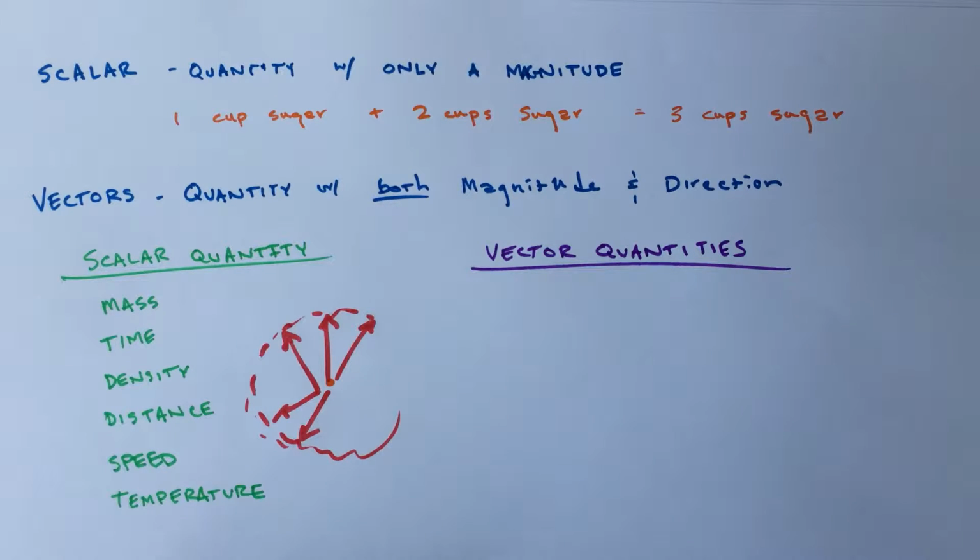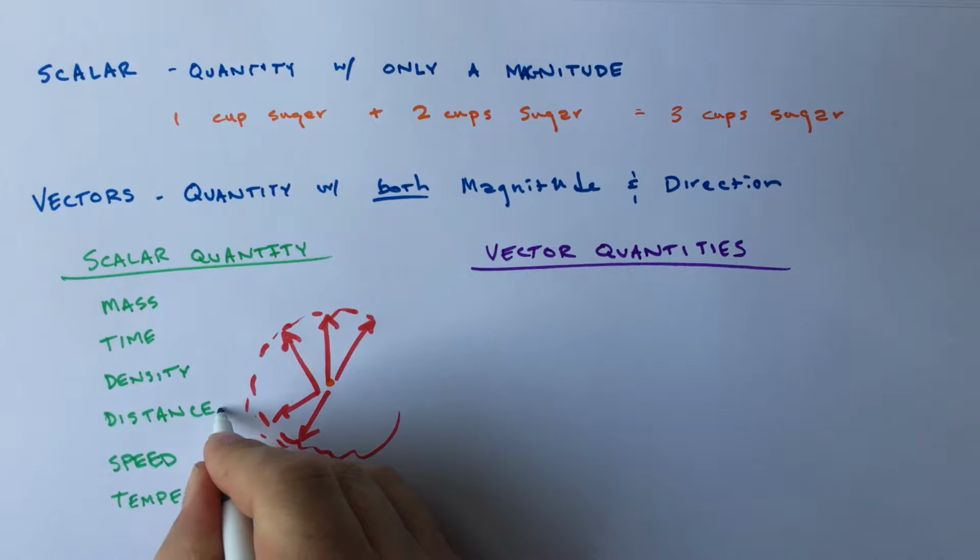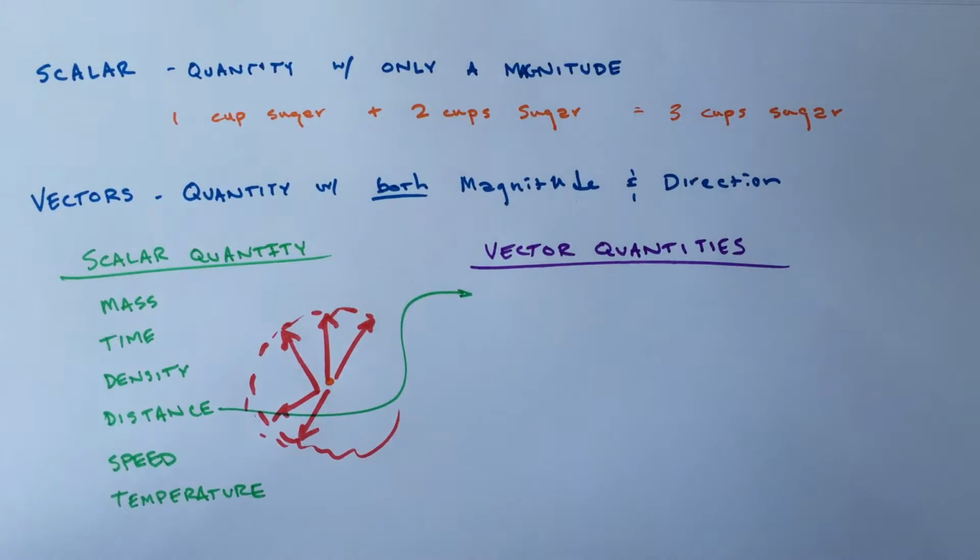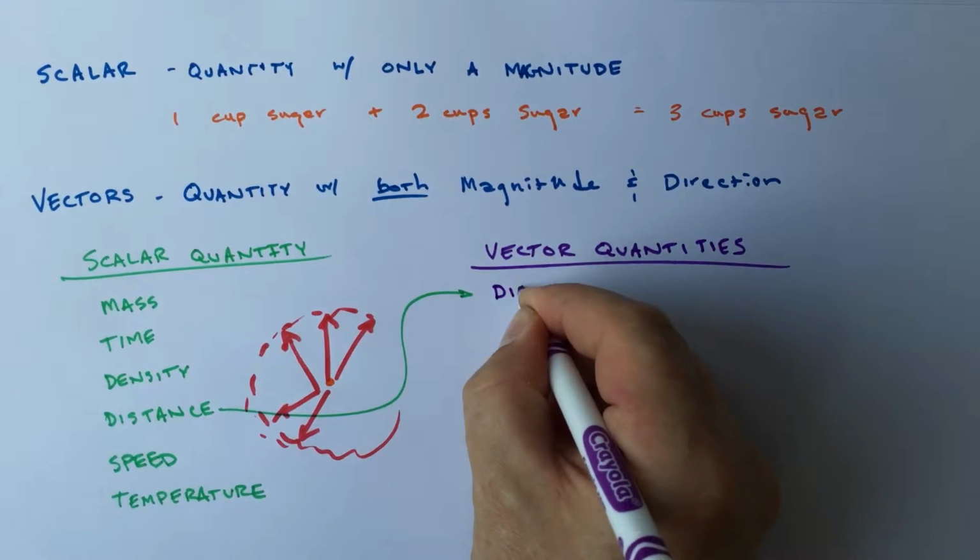Well, by contrast, instead of representing a distance as just a scalar quantity, in physics we have a vector quantity that's similar to distance, that is called displacement.